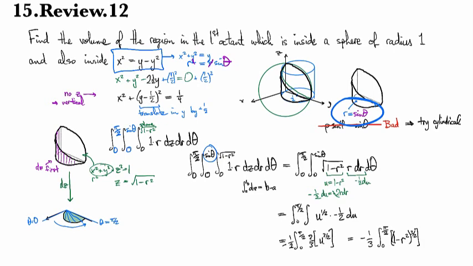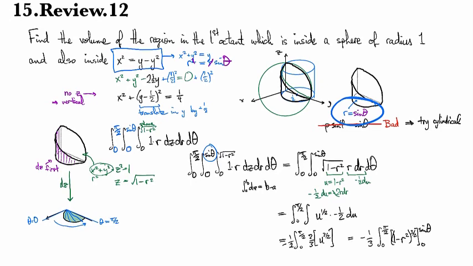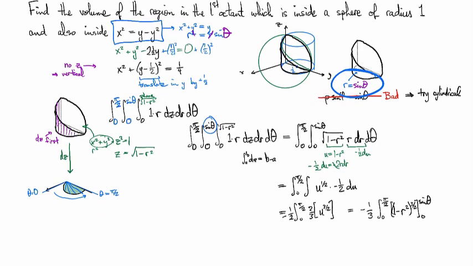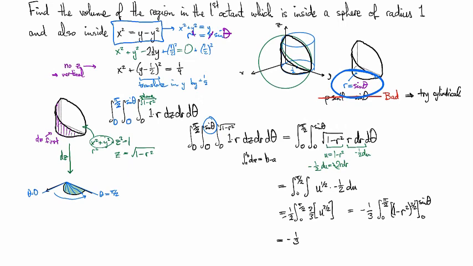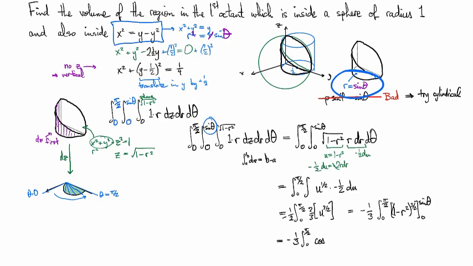And now we've got our bounds back, so 0 to sine theta, and integrating along on our merry way, we have minus 1/3, and we'll have the integral from 0 to pi over 2 of cosine cubed theta minus 1.